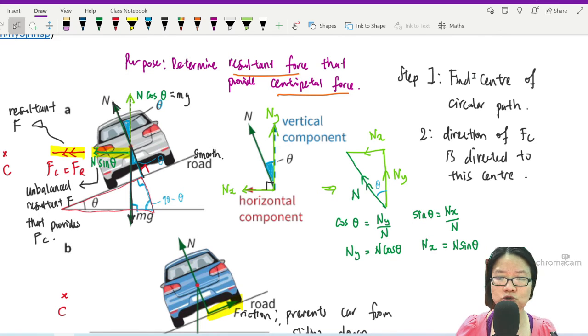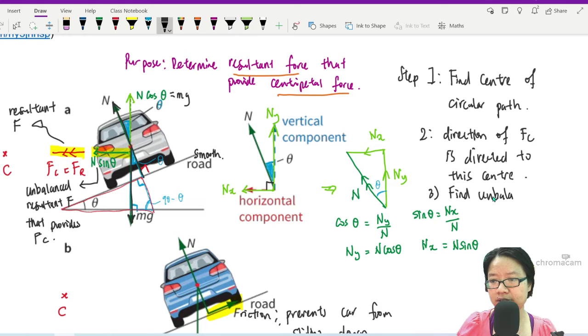Okay, so go through the 3 steps. Find the center of the circular path. The direction of Fc is directed to this center. And what is the 3rd step that we did? We look for the resultant force, or find the unbalanced force. And when finding the unbalanced force, you might have to resolve.